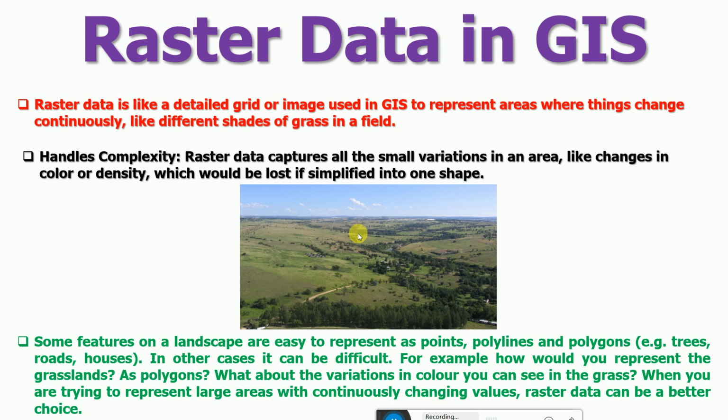But what will you do for this grassland? Some vegetation is high, here it is low, here it is high, so it cannot be represented by vector data. So you have to make raster data for this, because you have to show the color variation and shades of color.